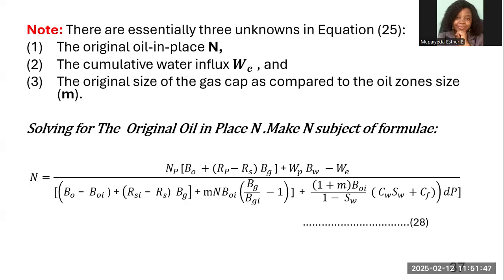So you remember this oil expansion and its solution gas, the gas cap expansion, and the connate water expansion and rock compaction. Then you bring your We to the other side of your F so that you can have your N here. Quite simple. That's your equation 28.